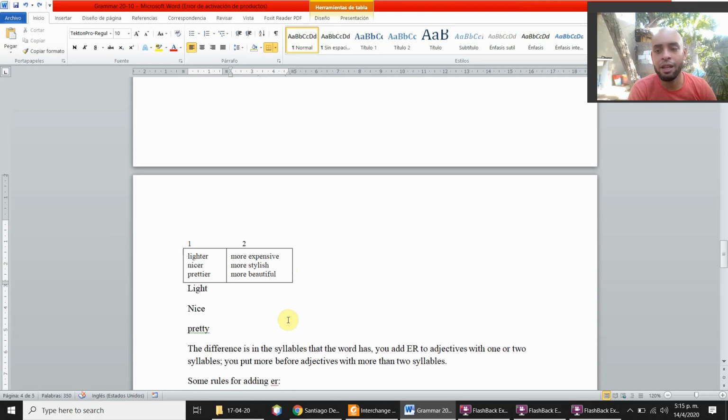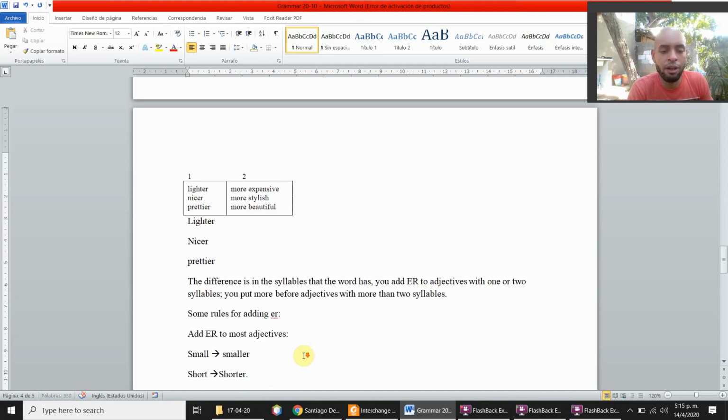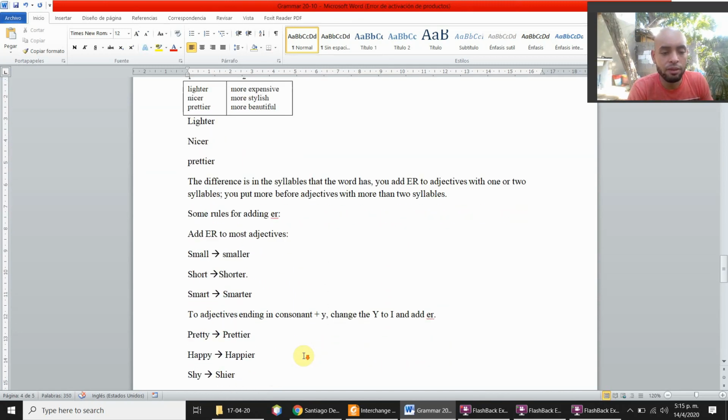Now we're gonna see some rules for adding ER, because as you saw here, I only added ER, here I only added R, and here I erased the Y and added I, ER. We have some rules for every kind of adjective. Add ER to most adjectives.